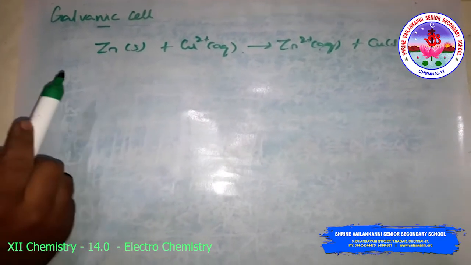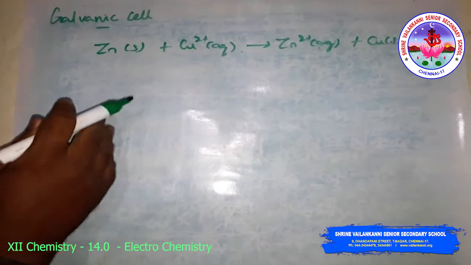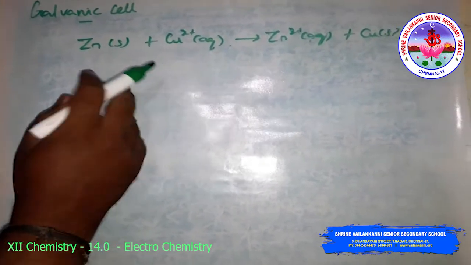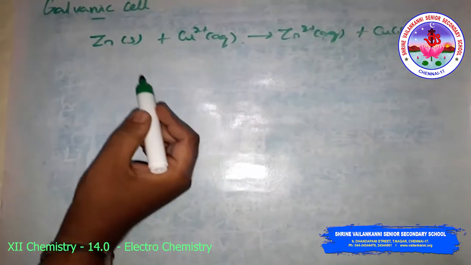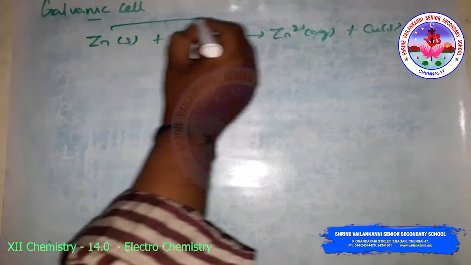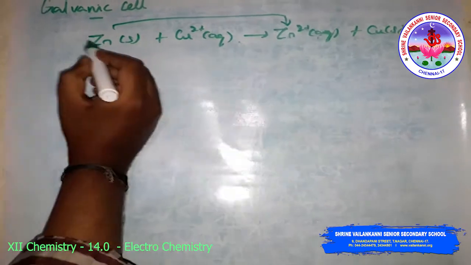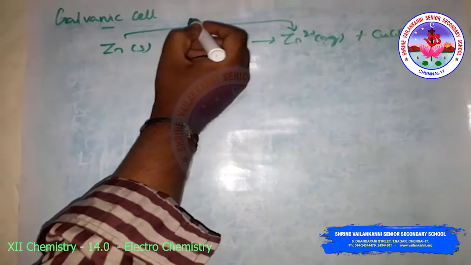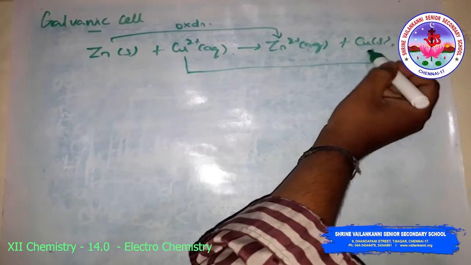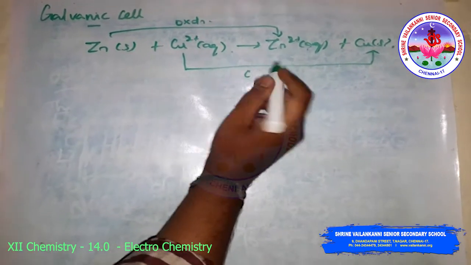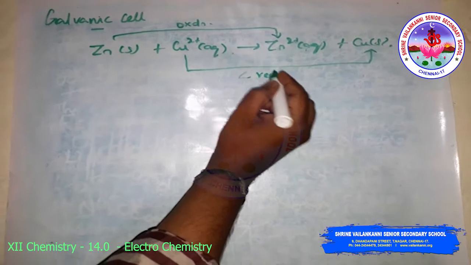So here, in the individual half cell reactions, in a redox couple, one species undergoes oxidation and another species undergoes reduction. First, zinc converts to zinc 2+, so it undergoes oxidation. Similarly, Cu2+ to Cu, that is reduction.